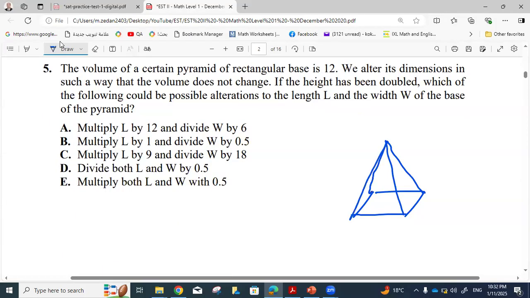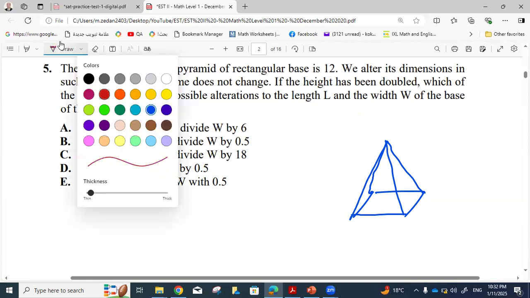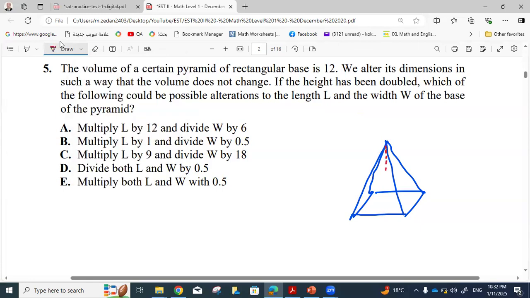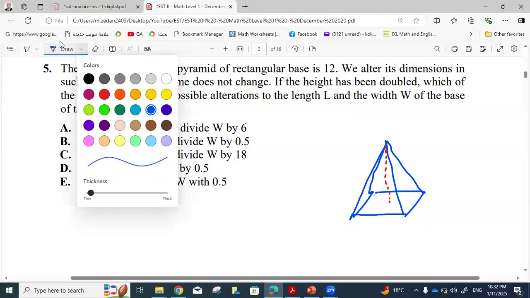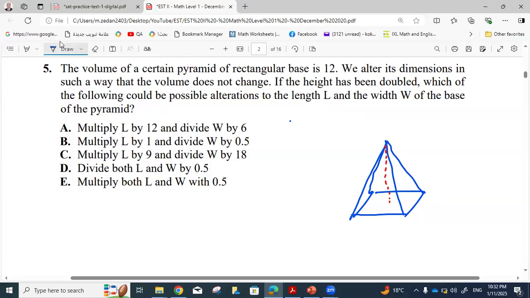Now this perpendicular height is doubled, and the volume does not change. The volume is still 12.